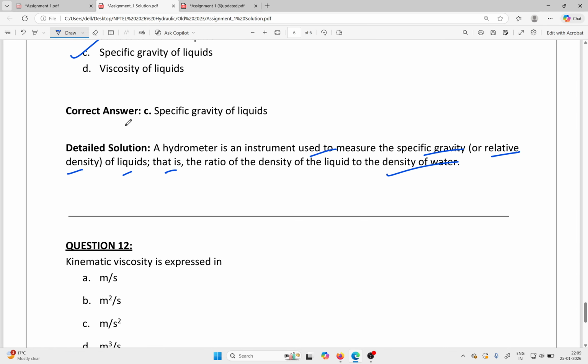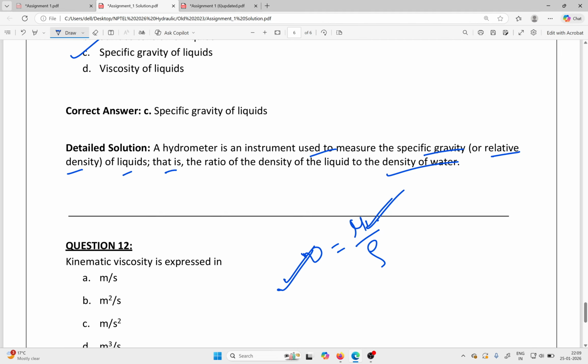Next question. The kinematic viscosity is expressed in. You know already the kinematic viscosity is nothing but dynamic viscosity divided by rho. Sometimes you get confused whether it is rho by dynamic viscosity or dynamic viscosity by density. So remember, please, if you are calculating the viscosity, the viscosity term should be in the numerator, not in the denominator.